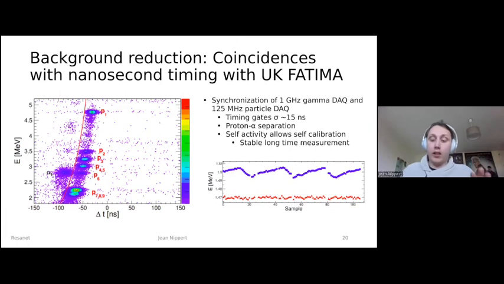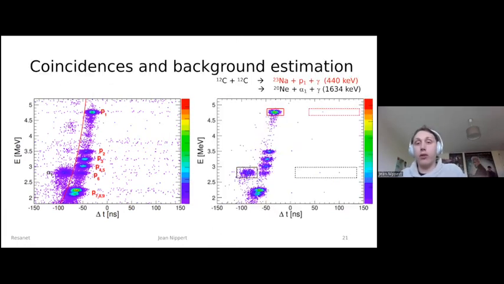And this also allows us to very nicely select gates on the gamma energy for the 440 keV and for the 1634 keV. And if we gate on those two gamma decays, we get the spectrum on the right side.